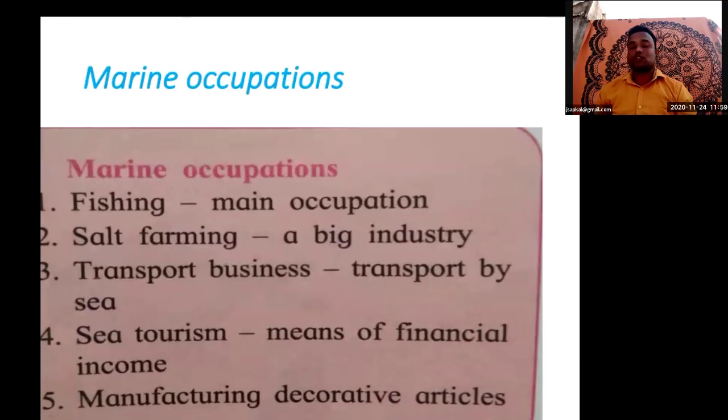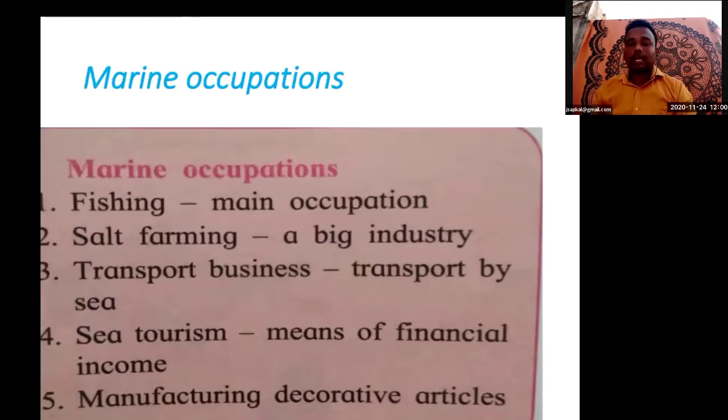Then forest resources, what we can call a forest. Then the uses of forest, that is protective and productive. Now the last one is ocean resources, what we can get from them, that we can call marine wealth, that is mineral resources from oceans and the bioresources. And the last one is which occupations depend on the oceans. So these are the important points that we have learned.